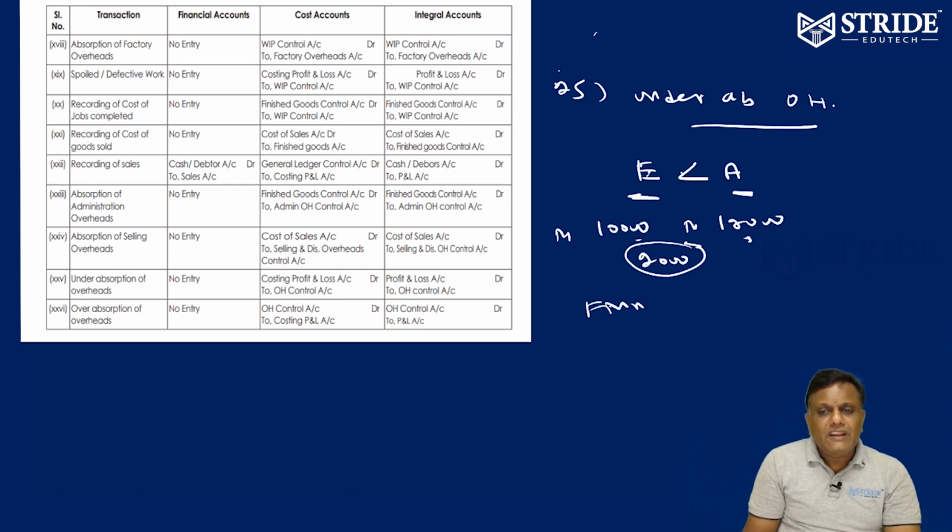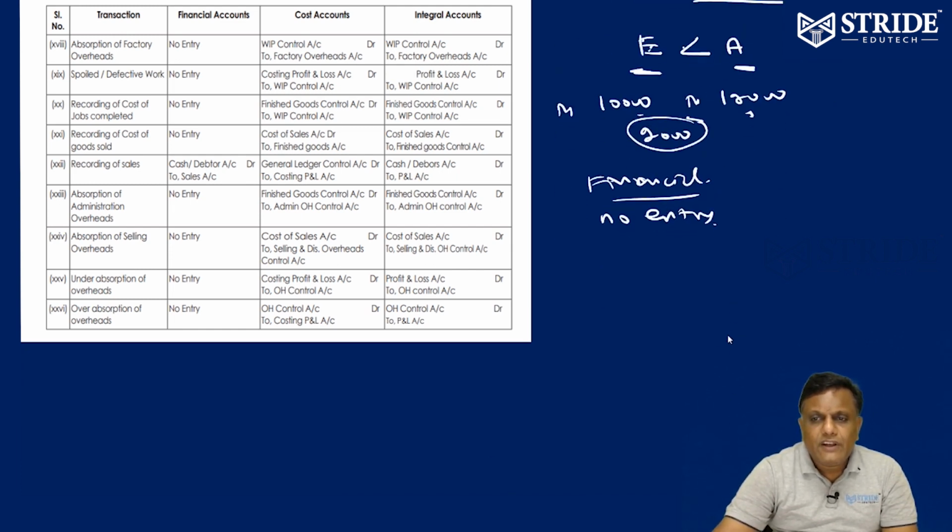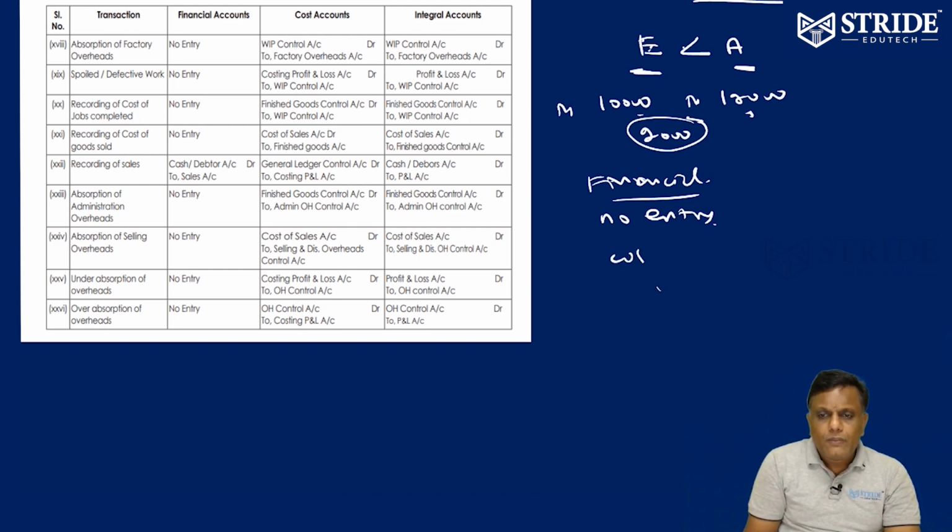In financial books, there is no entry for under absorption or over absorption. Here it is under absorption, so there is no entry. But in cost books, it is a loss. What is the loss here? 2,000 is a loss.